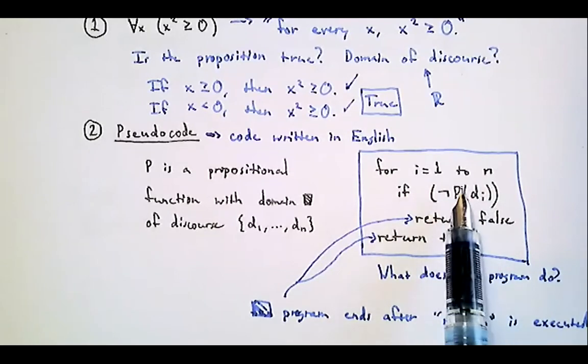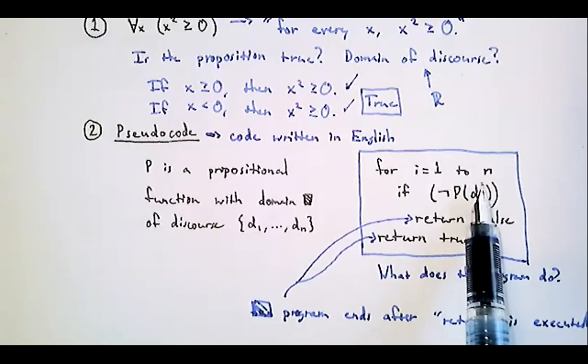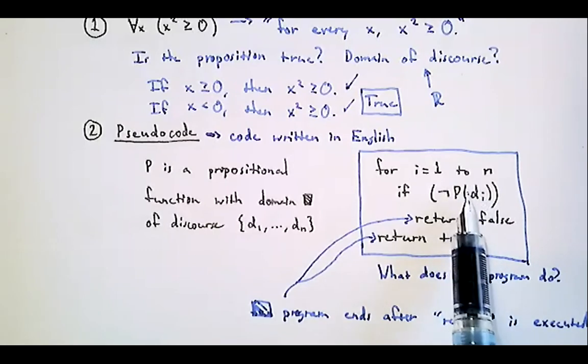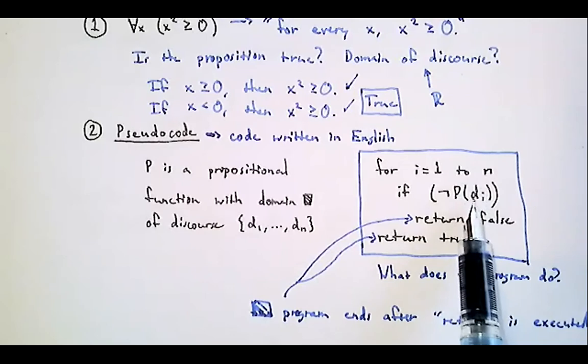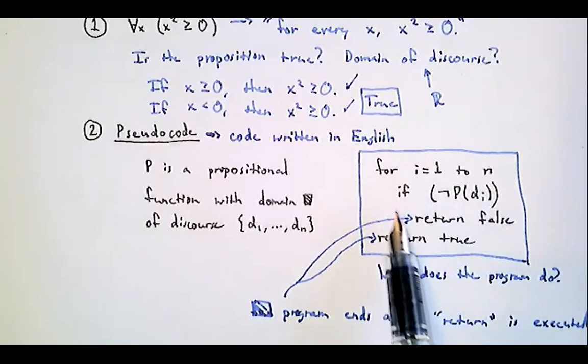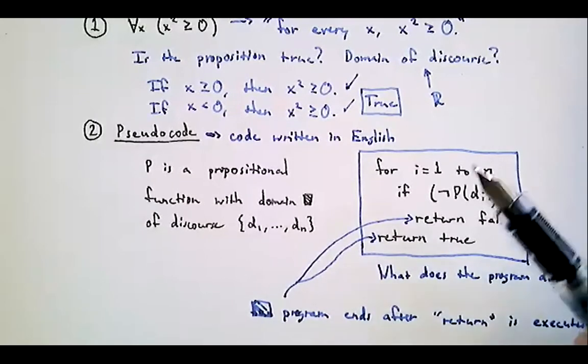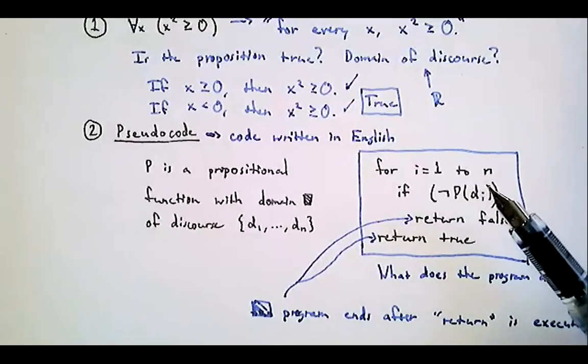It's going to return false if the truth value of P of Di is ever false. And if the proposition P of Di is always true, then this little snippet of code is never going to be executed. It's just going to skip through all of this and return true at the end, if all of these values are true.